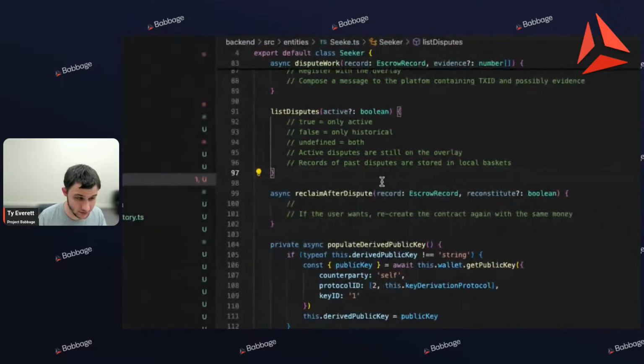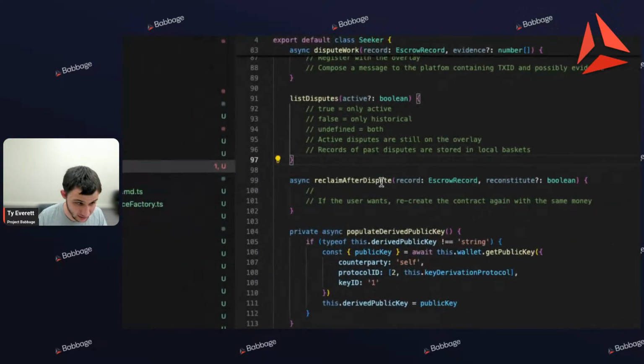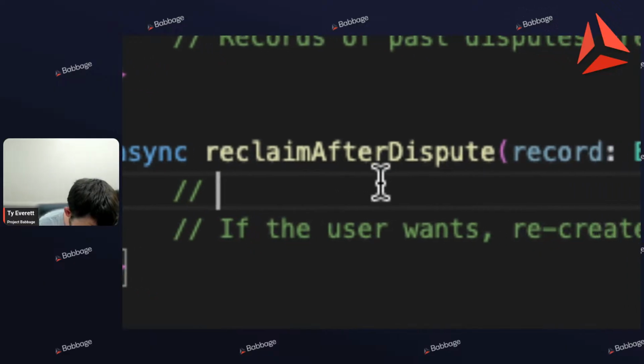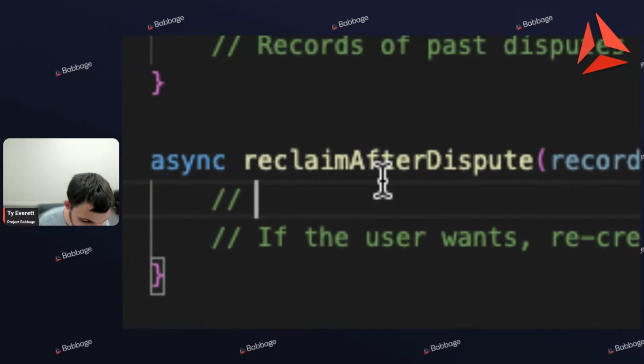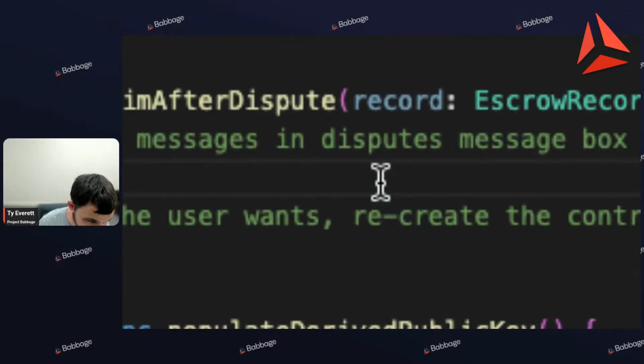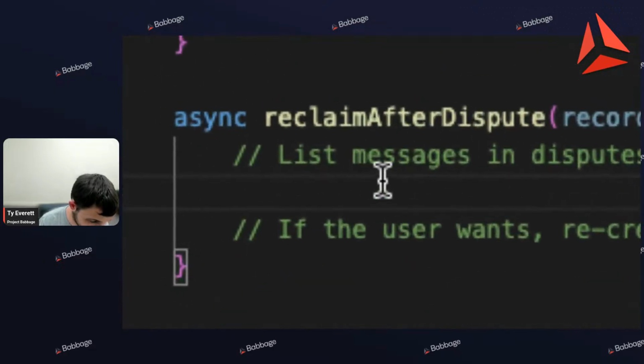You're going to list your disputes based on what's in your basket. When you want to reclaim after a dispute, you're going to list the messages from your disputes message box that came from the platform.